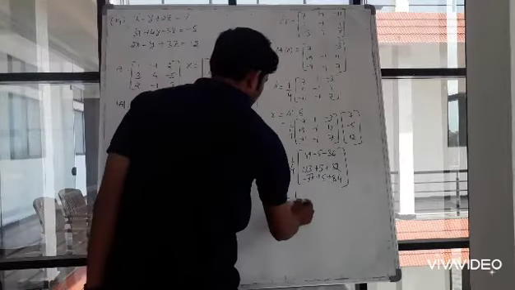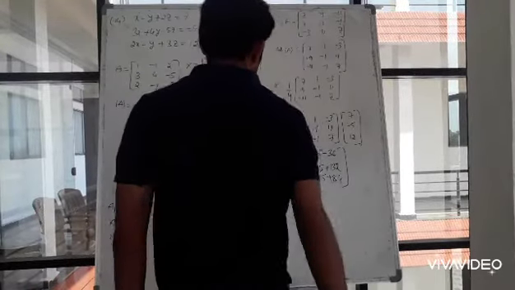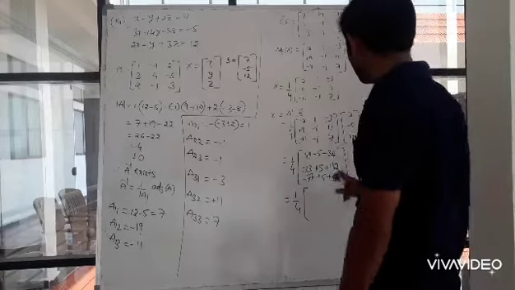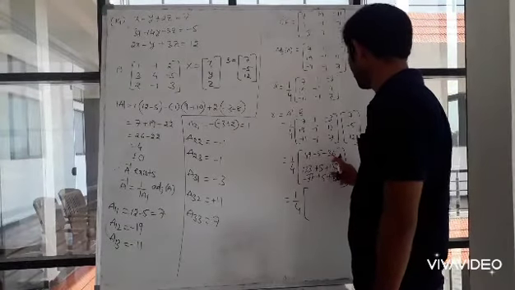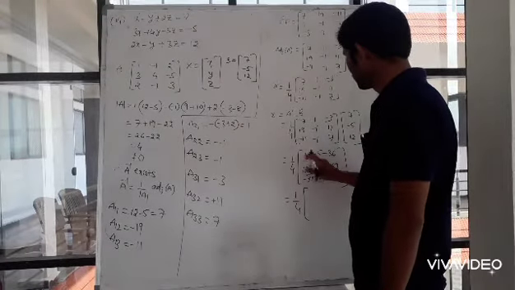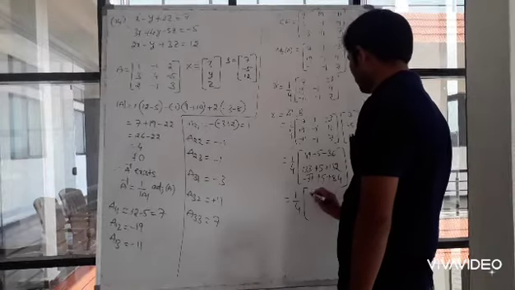Then simplify 1/4 into 49 minus 36 minus 5, minus 41. 49 minus 41, it will be 4.